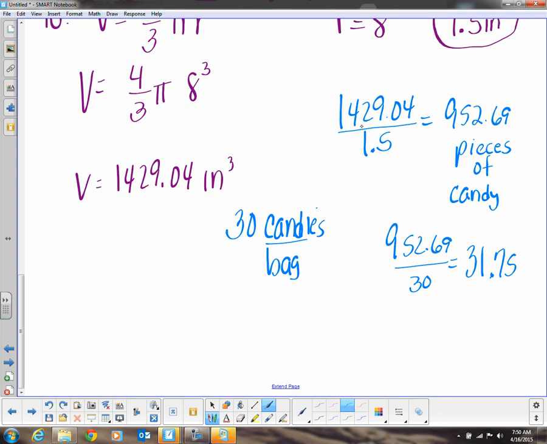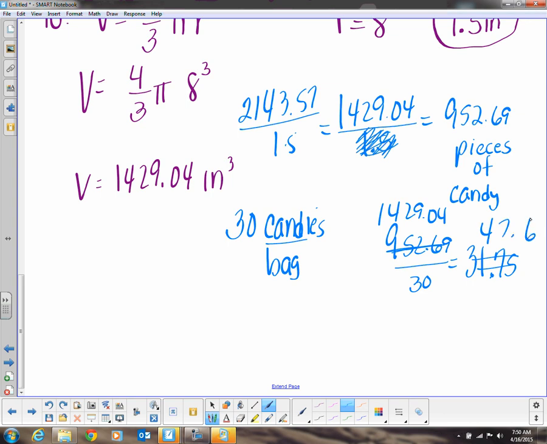What we got before, if we did 4 divided by 3 times pi times 8 raised to the third, this is actually 2143.57. Divided by 1.5 gives us this. Then we take our 1429.04, divide by 30, and we get 47.63 bags. So that means you would buy 48 bags. That's a lot of candy.